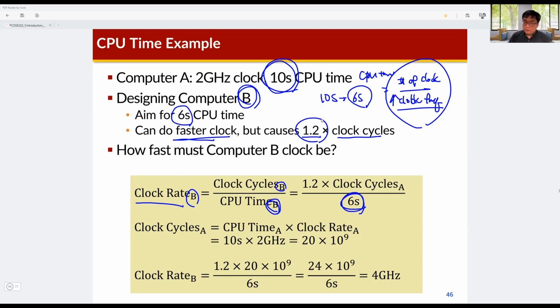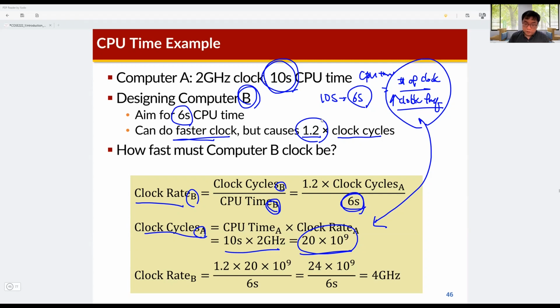The clock cycles of B is 1.2 times the clock cycles of A. We can easily calculate the clock cycles of A: clock cycles of A is the CPU time of A multiplied by the clock rate of A. It's obvious from this equation. So that is the number of clock cycles in processor A.